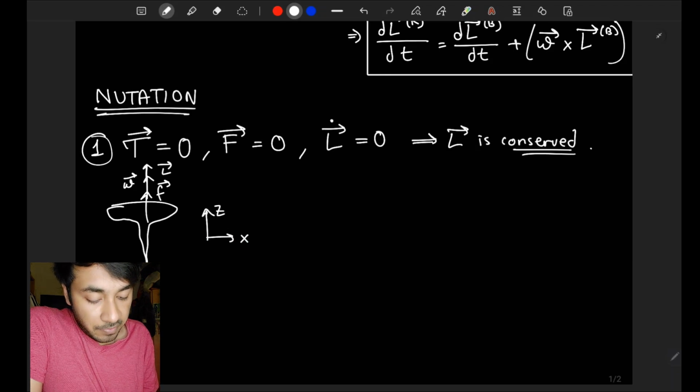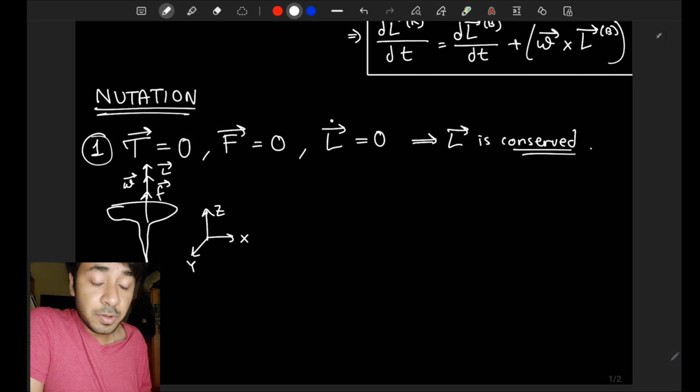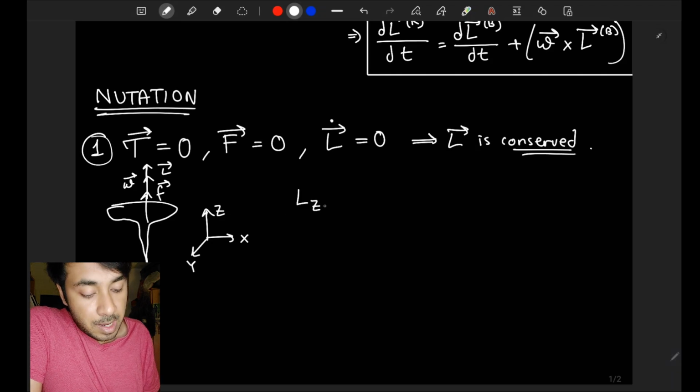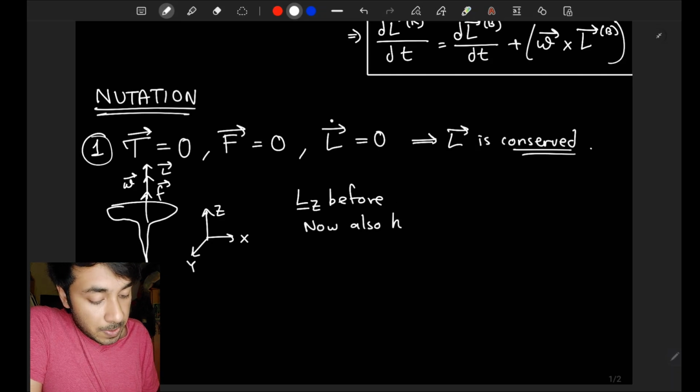Then of course, if you have your coordinate axis defined like this, when you give it a slight push on one of the sides, what was before only Lz now also has two other components, Lx and Ly.